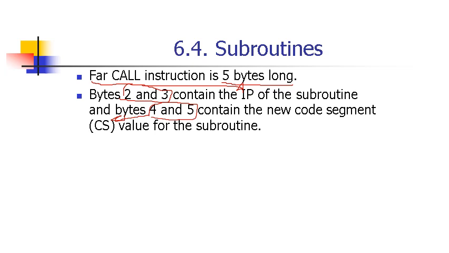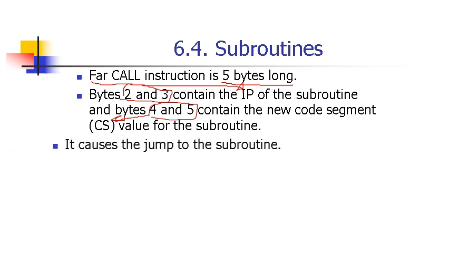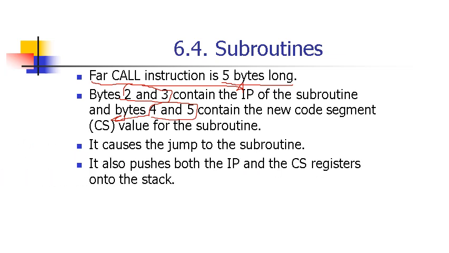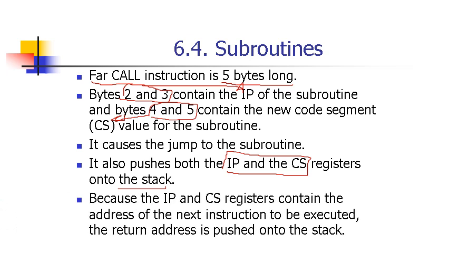But before doing this modification, you have to store both IP and CS registers inside your stack. Why? Because they will tell the system where to come back to the main program, where to start at after getting the value needed from your subroutine.